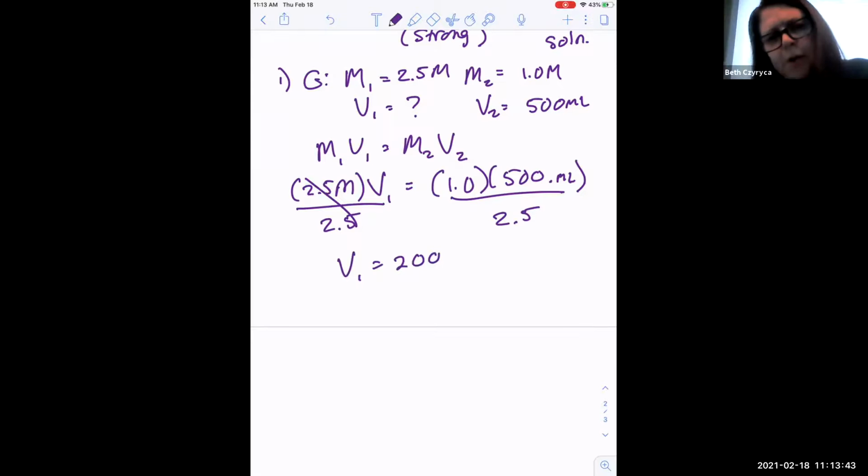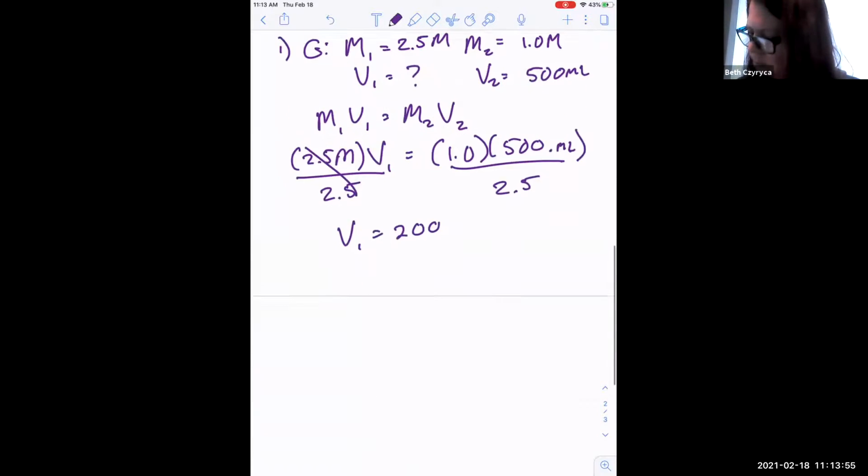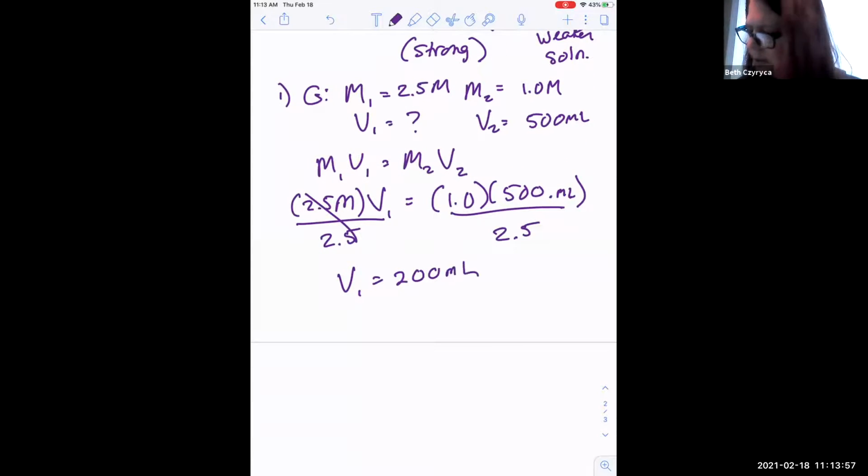All right, what is it 200 of? What's the unit? Milliliters. Milliliters, because it's a volume and we started with milliliters, so we're ending with milliliters. Okay. All right, so what does this mean?